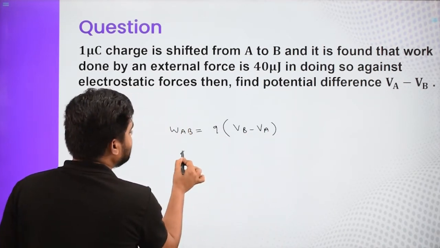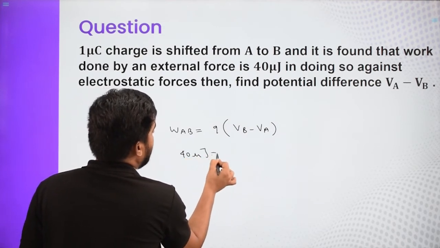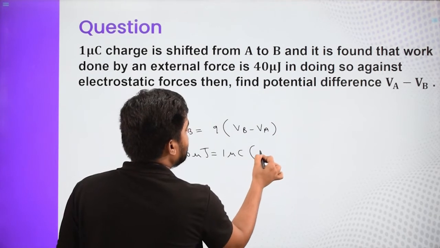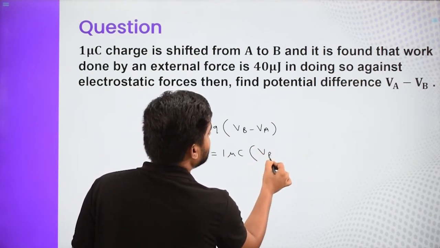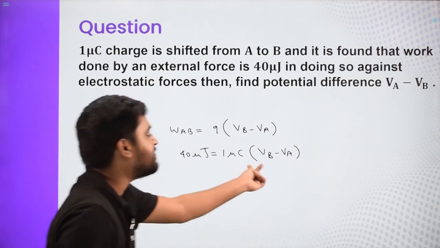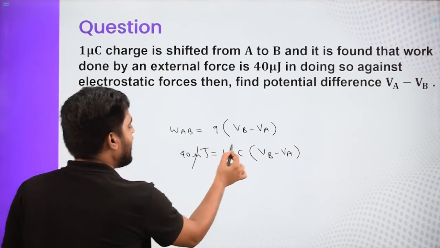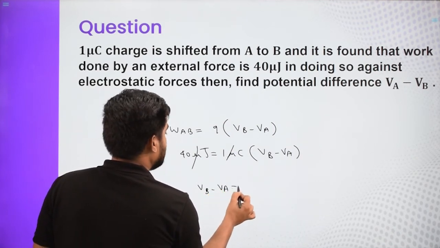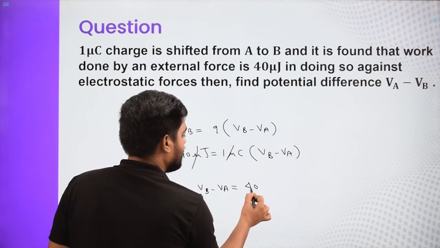So this is 40 microjoule, charge itself is 1 microcoulomb and it is VB minus VA. We are moving from A to B, so final minus initial, and micro is gone, so we get VB minus VA to be 40 volts.